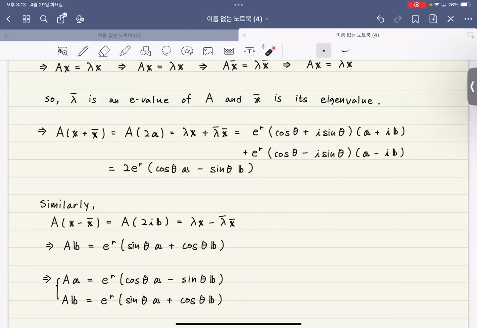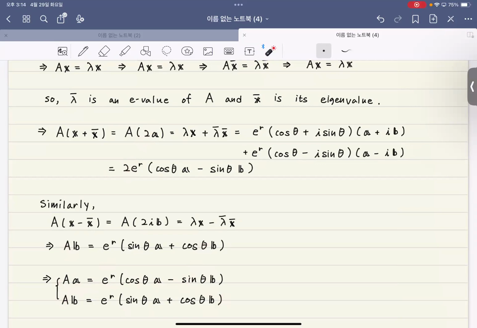Because of a similar computation, it turns out A times b is e to the r times (sine theta times a plus cosine theta times b). So let me summarize this result. If I just get rid of these two factors from here and there, I will get this result and that result.